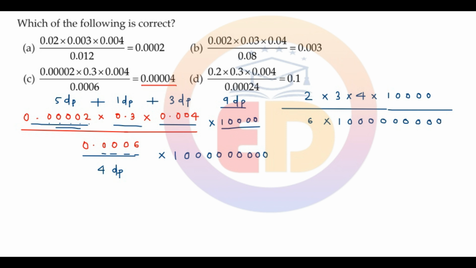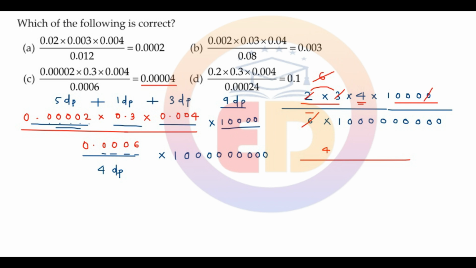Now let's simplify the numbers. In the numerator I have 2 into 3, which is 6, and the denominator also has 6. Let's divide them by 6. This is gone. I'm left with only 4 in the numerator. For the denominator, 10,000 has 4 zeros.